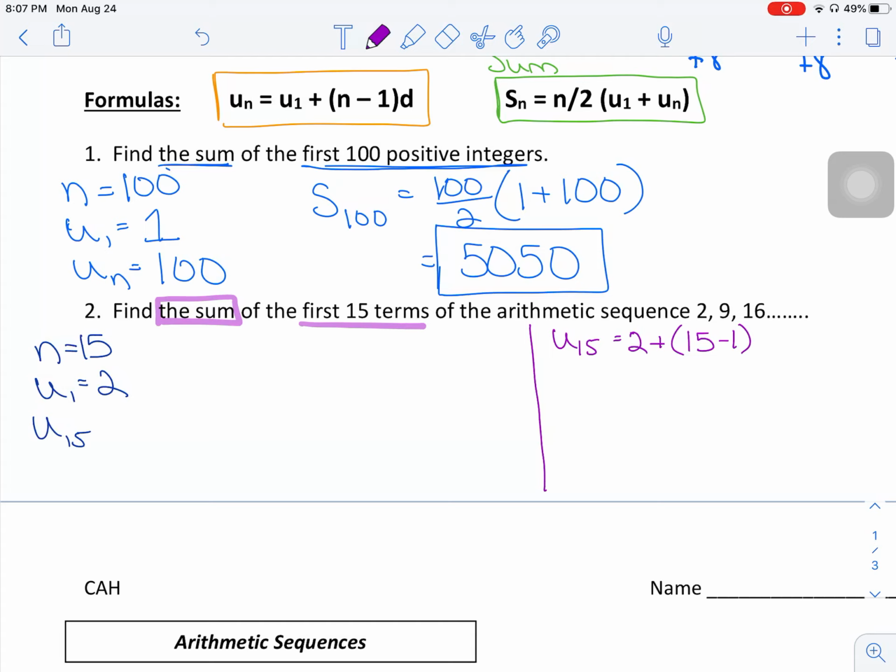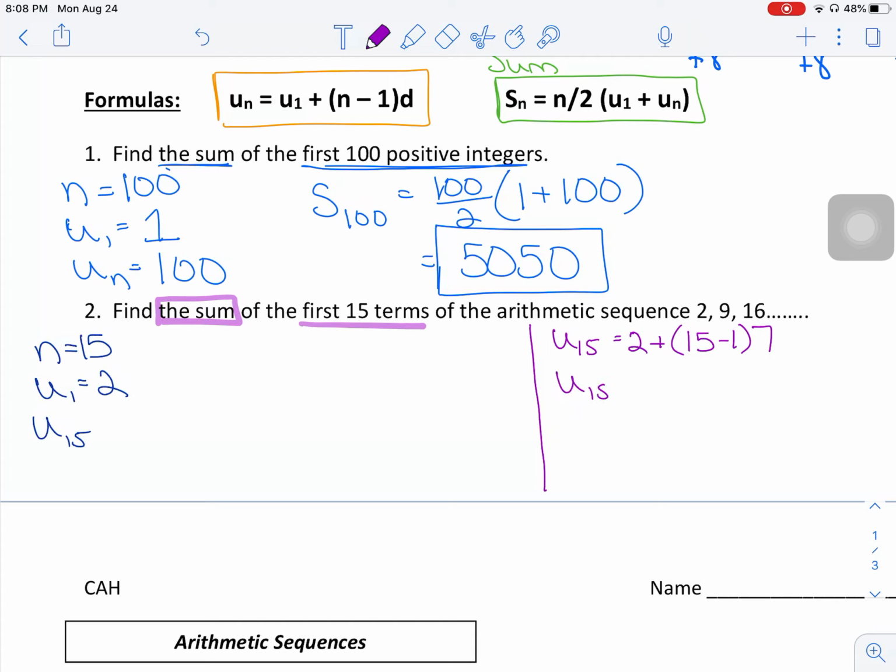Now, I don't have a d value right now, but I can quickly figure it out. To get from 2 to 9, I need to add 7. 9 to 16, I'm going to add 7 as well. And that means my d value is 7.